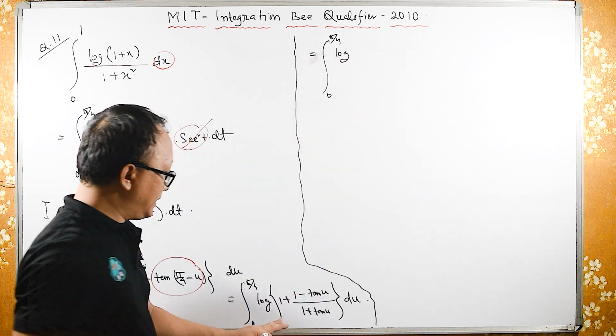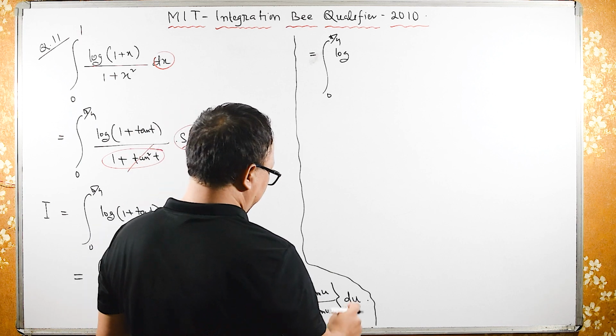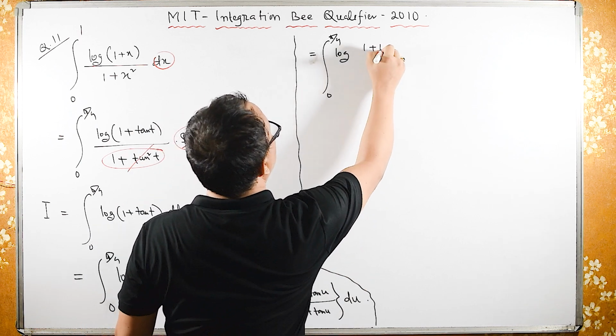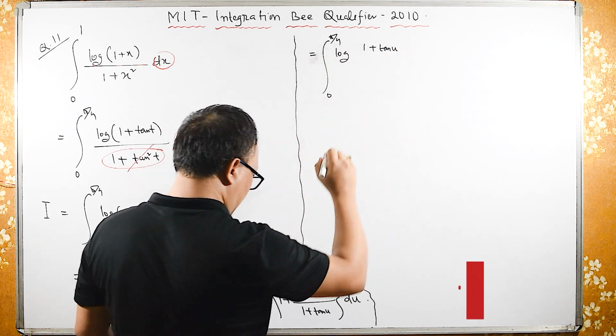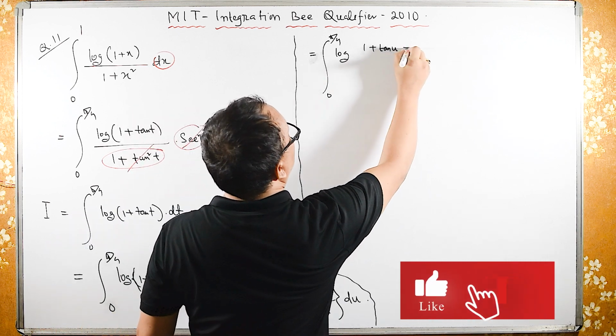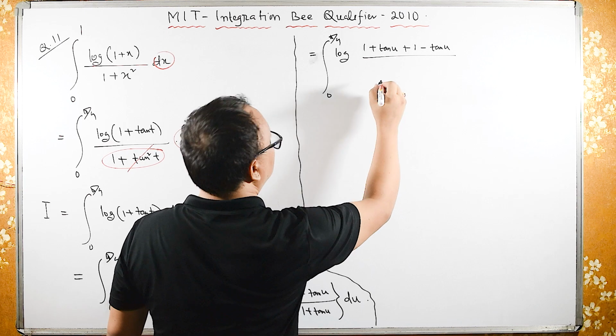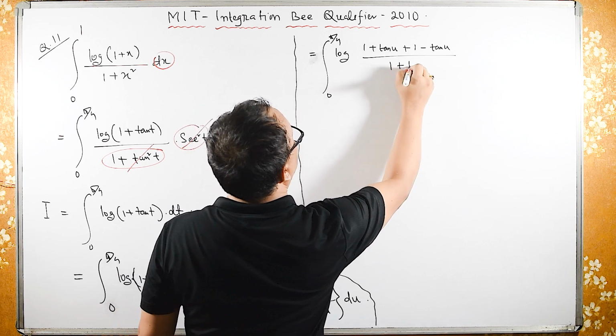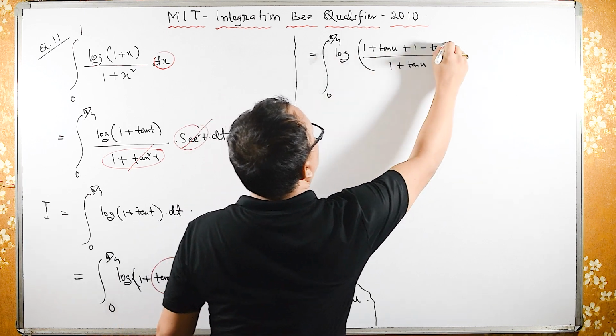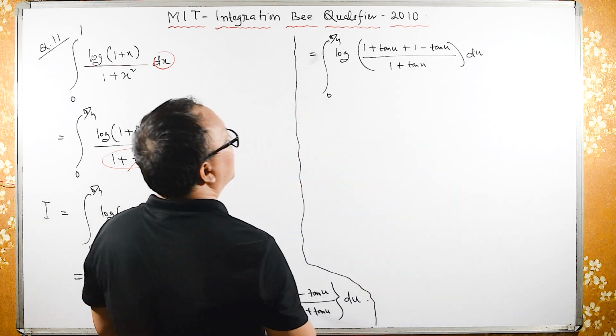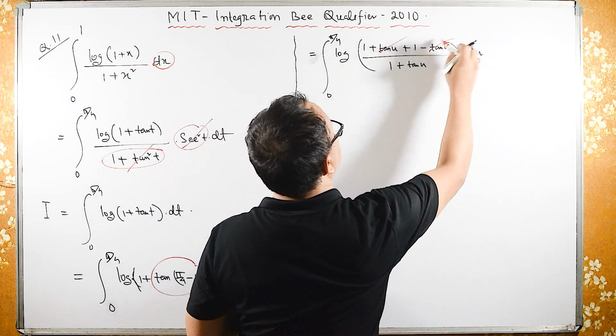of log of, now let's take the LCM over here. If I take the LCM, then (1 plus tan u) plus (1 minus tan u) upon (1 plus tan u) into du. Now this tan u gets cancelled.